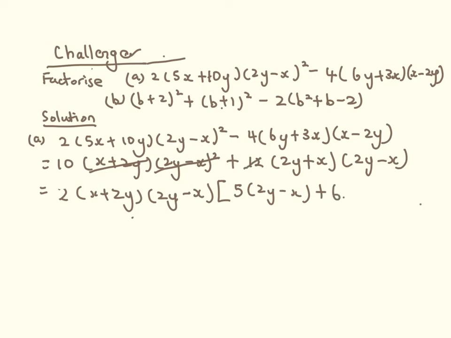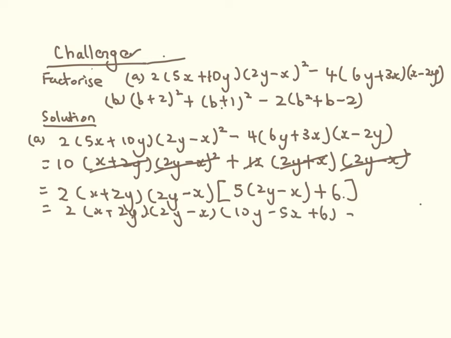So you're left with 6. And then this bracket has been taken out as a common factor. This bracket has been taken out as a common factor. So the factorized form will be this. Simplifying, the last bracket will be 10y minus 5x plus 6.